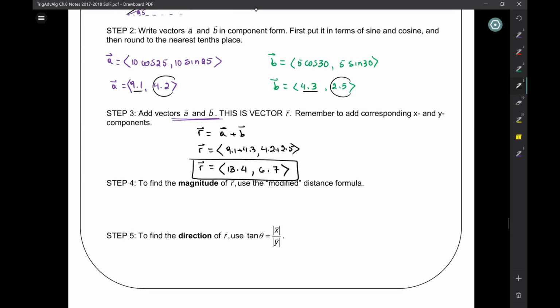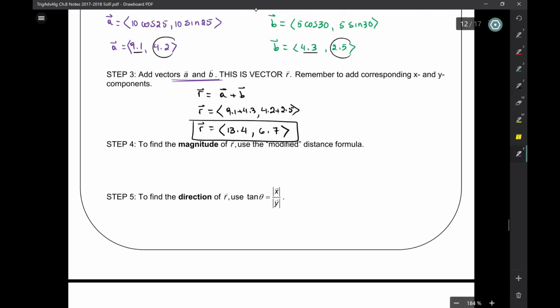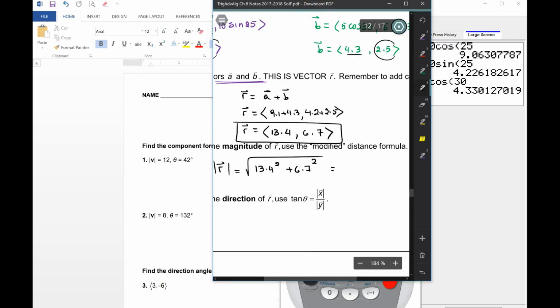Okay, so now, to find the magnitude of R, use the modified distance formula. Remember, that's like the square root of A squared plus B squared. So let's do that. R magnitude is the square root of 13.4 squared plus 6.7 squared.